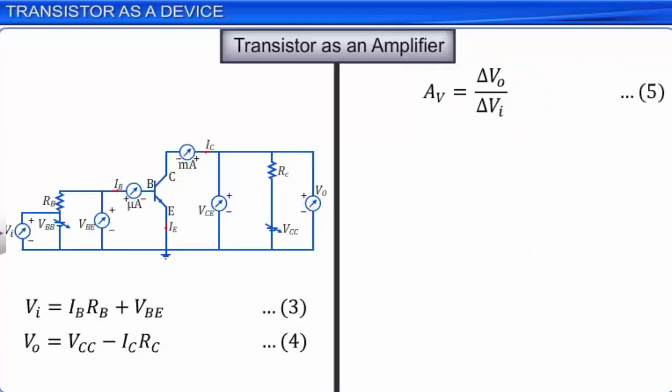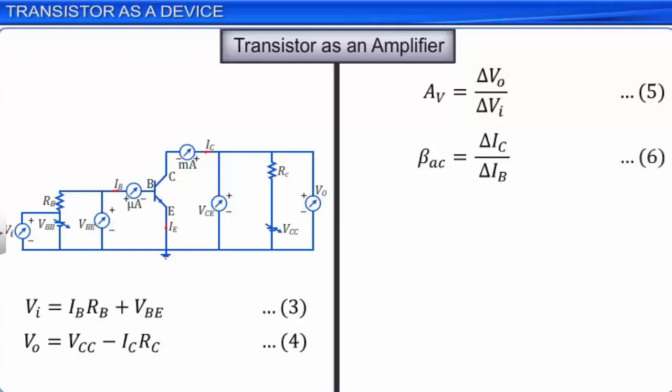From equation 4, we can write the small change in output voltage delta Vo is equal to 0 minus RC into delta IC, which is equal to minus RC into delta IC. Let this be equation 7.